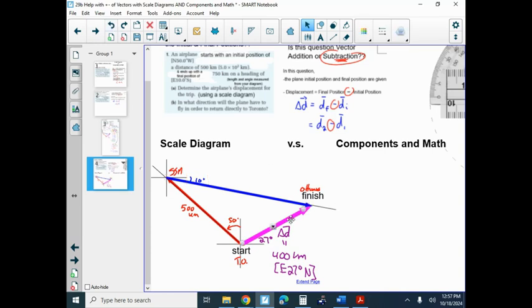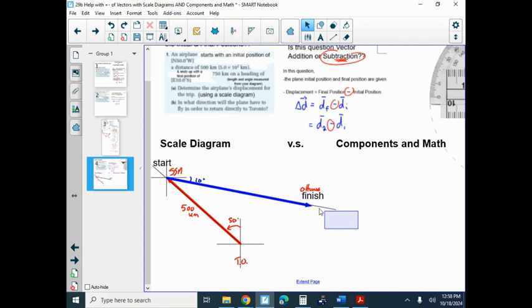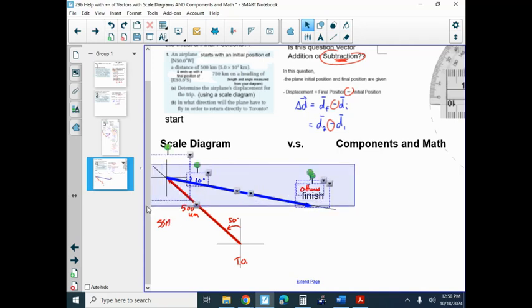We have this one we're not doing anymore because we're not adding them. Instead, we have a start and a finish. So what I need to do is point out that we're starting here and we're finishing at this other one. So basically, we end up having to put these tail to tail.